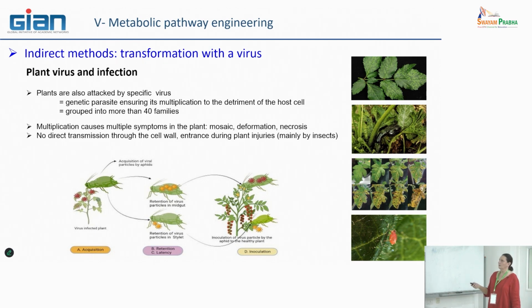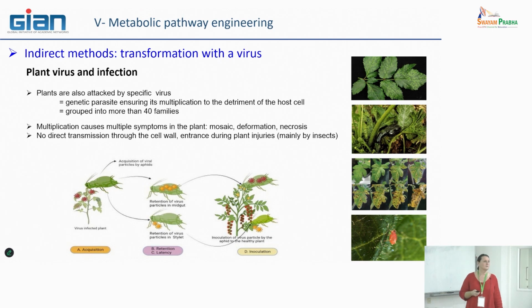There is what we call mosaic, which means that some parts of the leaf or of the stems are decolorated, meaning that the virus is particularly active in this place. You can also have some deformation of vegetables when they are producing, but not only. You may have necrosis, which is also a common symptom.